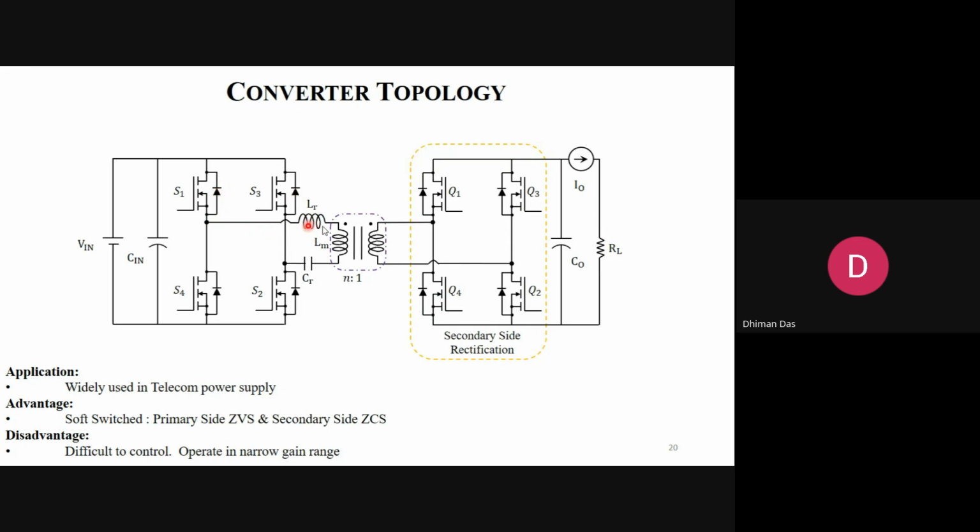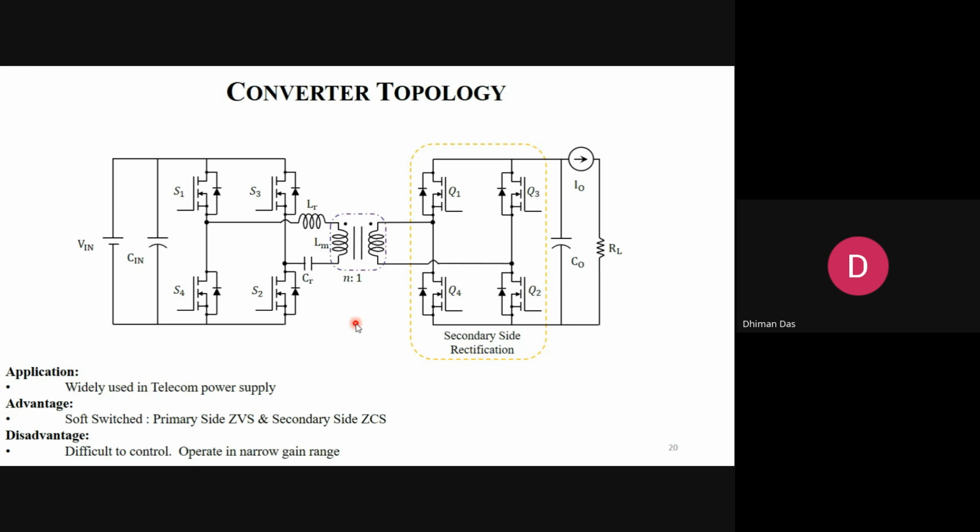This resonant current interacts with this capacitor and also produces zero voltage switching. At the secondary side, this is a kind of sine wave. So if you rectify a sine wave, it switches at zero current, right? Your commutation happens when the diode is at zero current. So naturally zero current switching happens at the secondary side. No need for any external mechanism to make the current zero.